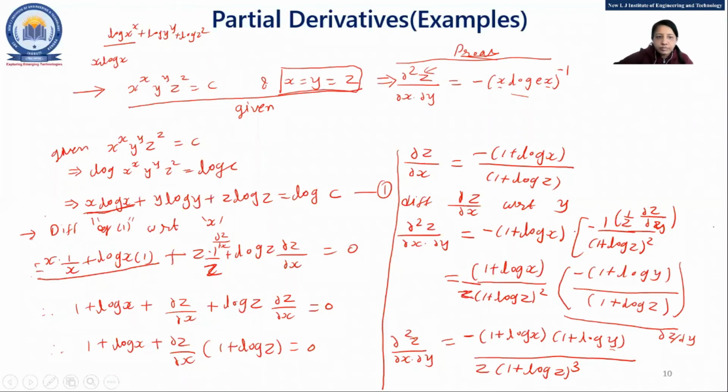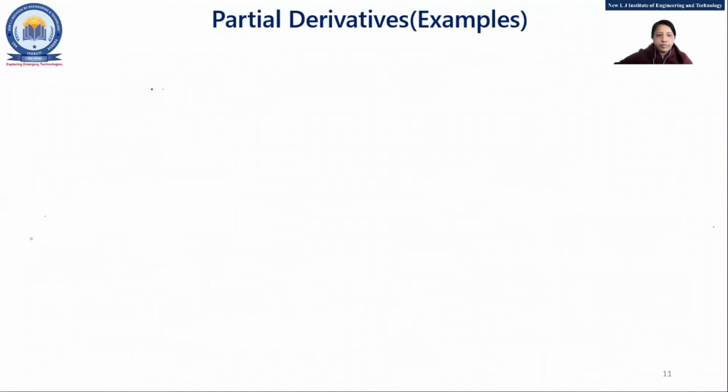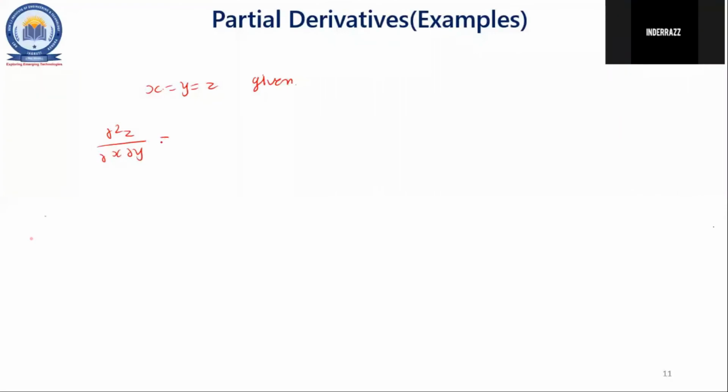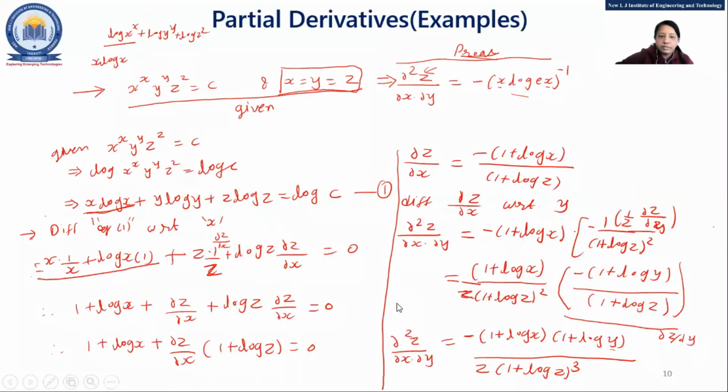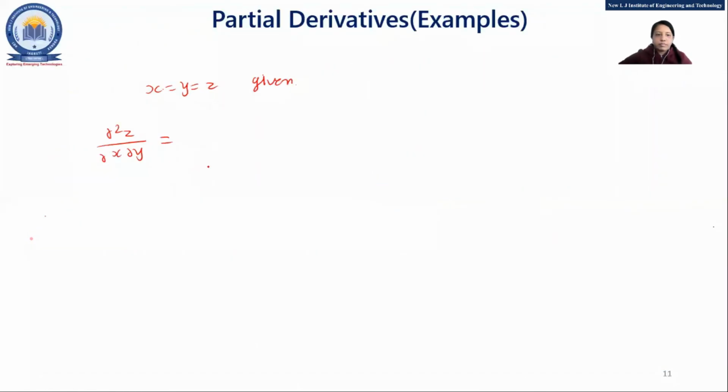X equal to y equal to z, it is given, right? So del square z upon del x into del y equal to what? Minus 1 plus log x. We'll quickly finish it.